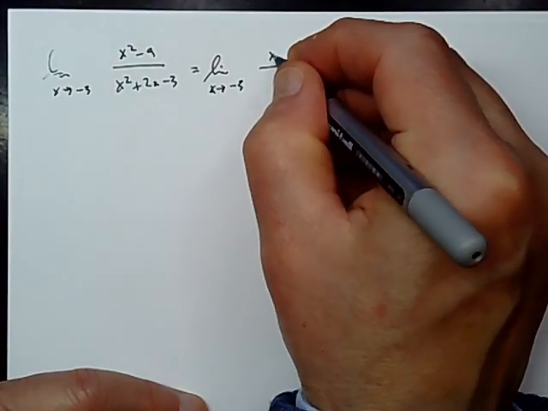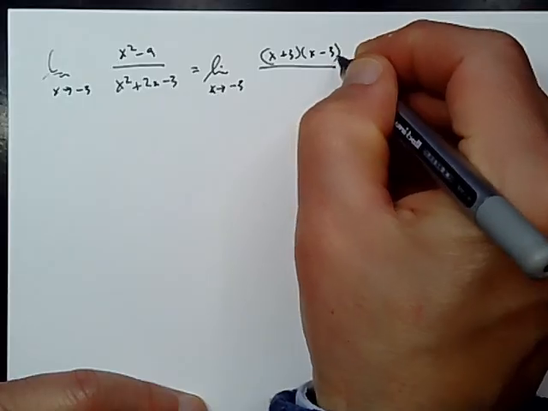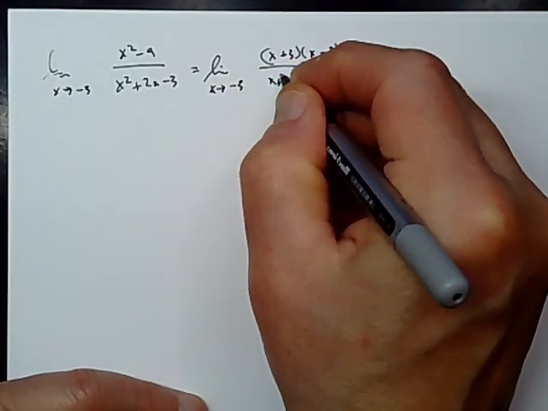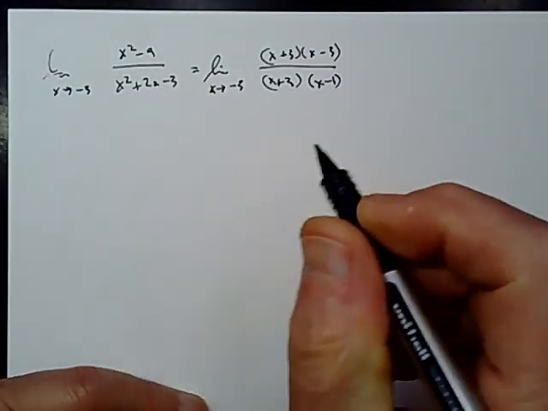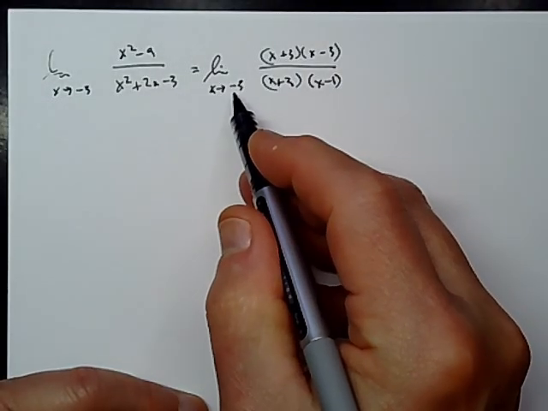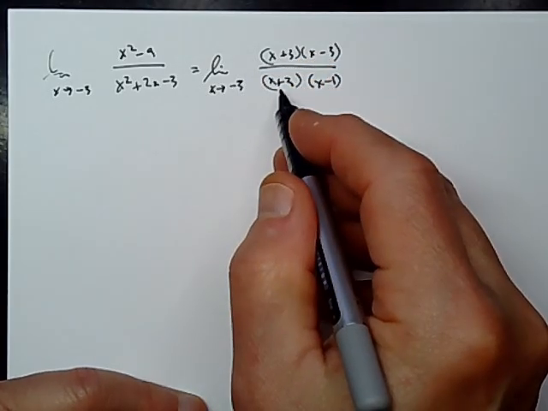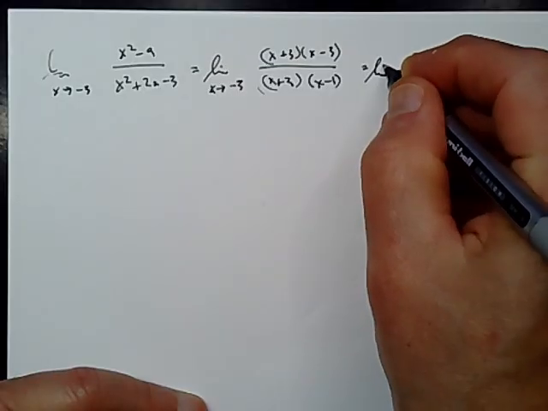I think I'm looking at x plus 3 and x minus 3 in the numerator, and in the denominator I think I've got x plus 3 times x minus 1. So, of course, when x approaches minus 3, you don't actually have a value of x equals minus 3. So in that context, this fraction and this fraction are the same fraction.